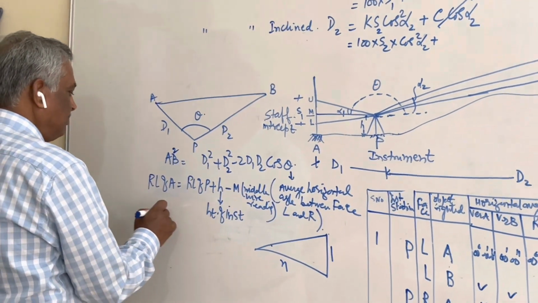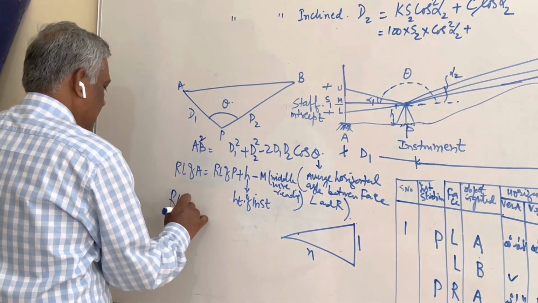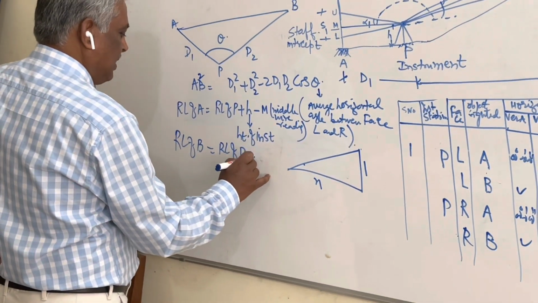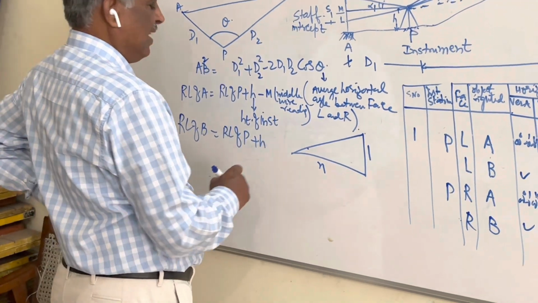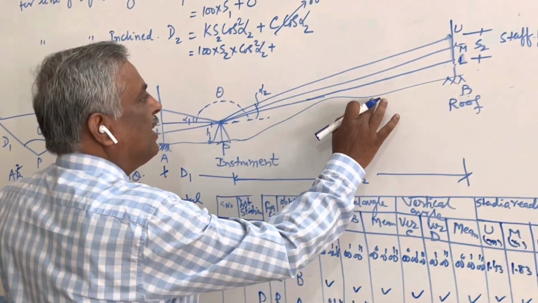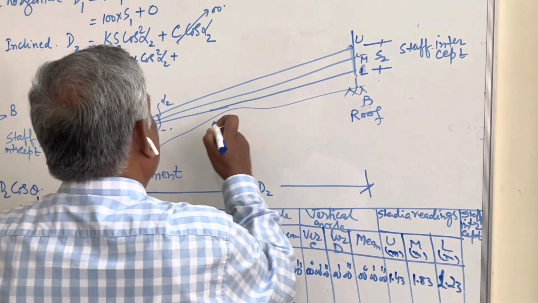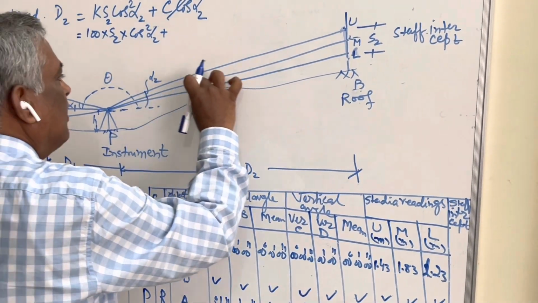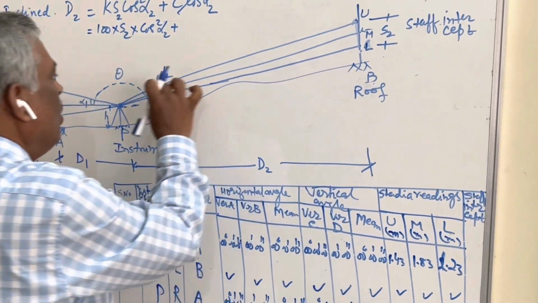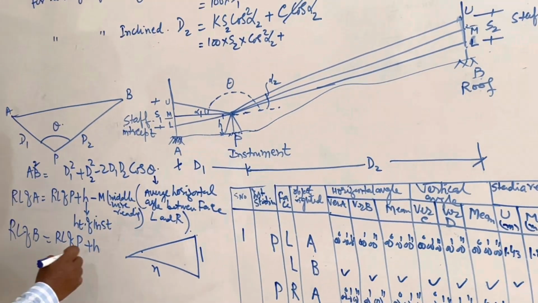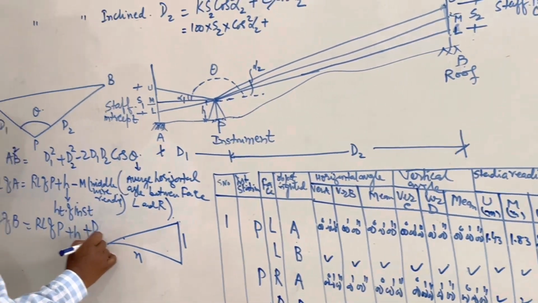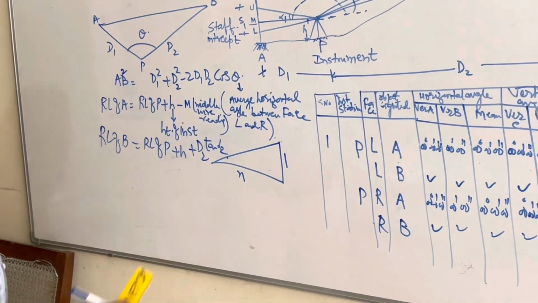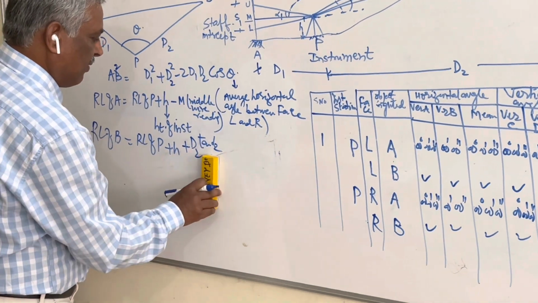Similarly, RL of P plus H. Now here the vertical angle is there. Therefore this height will be D2 tan alpha 2.